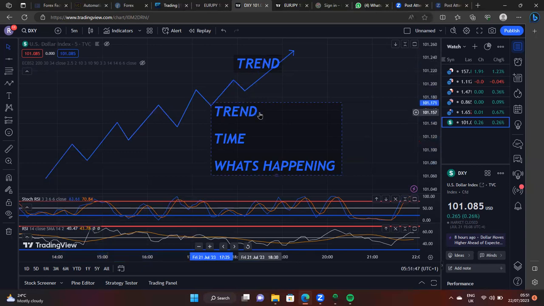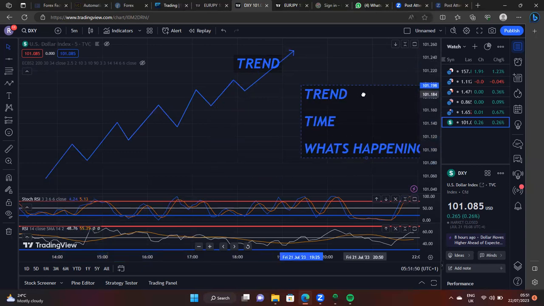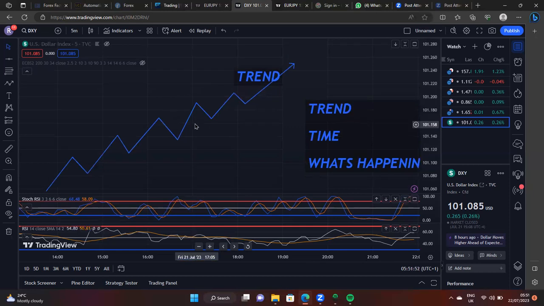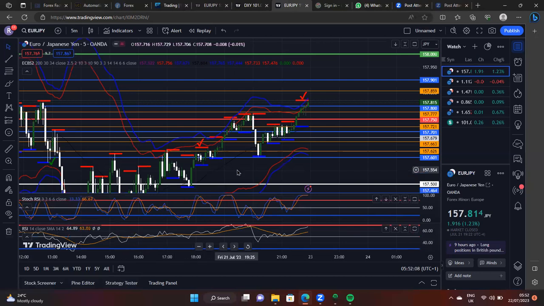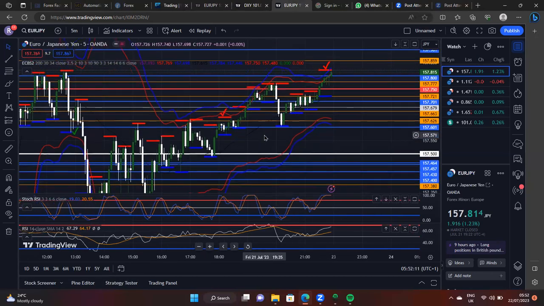Identifying trend on your chart is one of the simplest things to do. In fact, it does not require much analysis. All you need to do is look and you will see. It's that simple. Looking at this, you just know it is an uptrend.